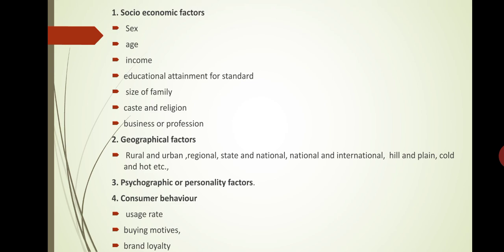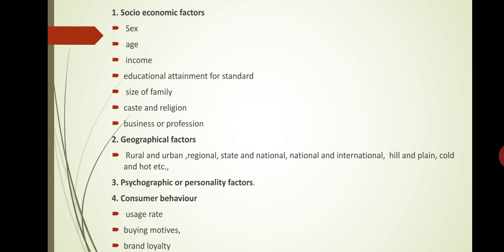So according to the different geographical factors, the marketer divides the total market into several subgroups. The total geographical area is segmented as rural, urban, regional, state and national, national and international, hill place and plain place, or hot place or cold place.